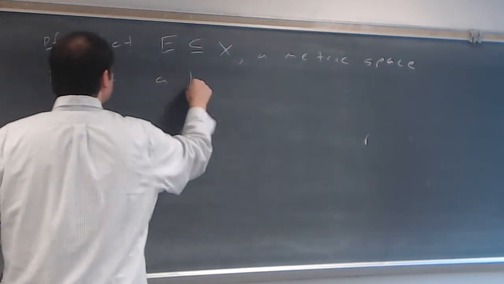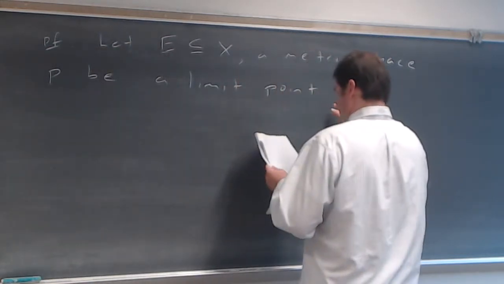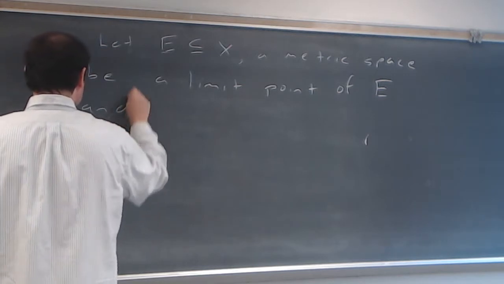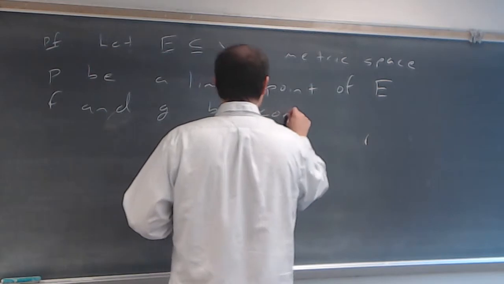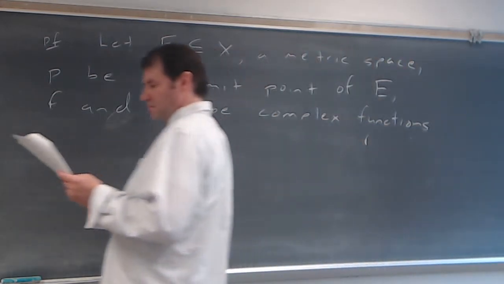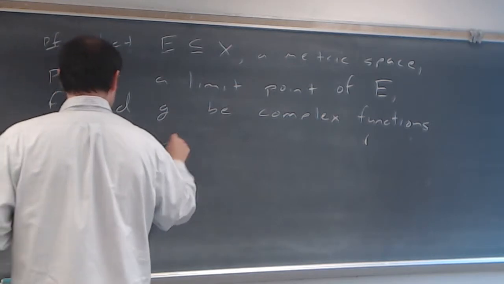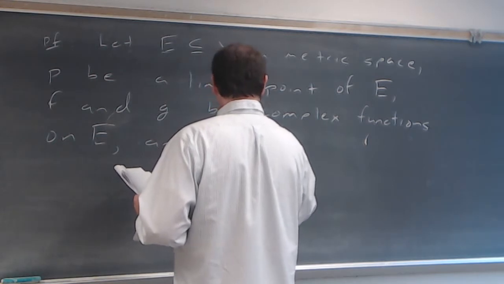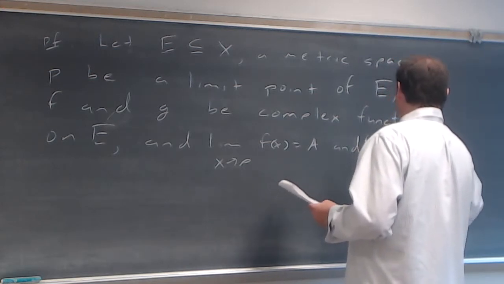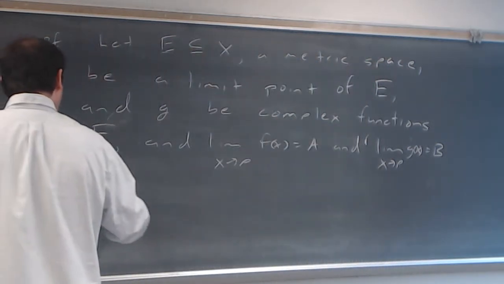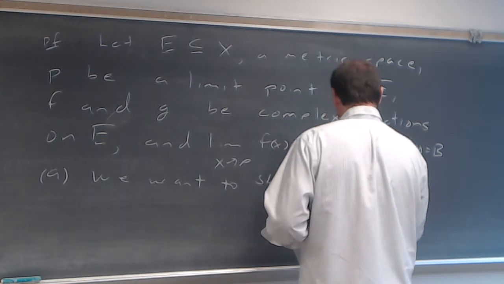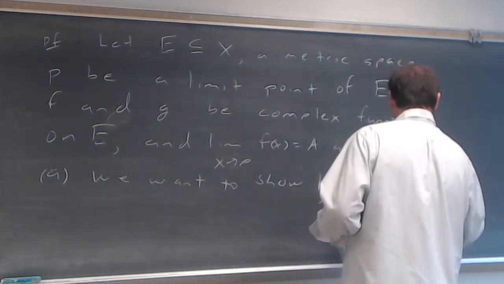P be a limit point of E. F and G be complex functions on E, and the limit as x goes to P of f of x, we're going to let that equal A, and the limit as x goes to P of g of x equals B. So part A, we want to show the limit as x goes to P of f plus g of x equals A plus B.